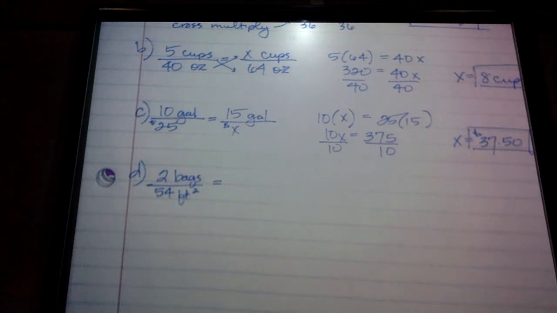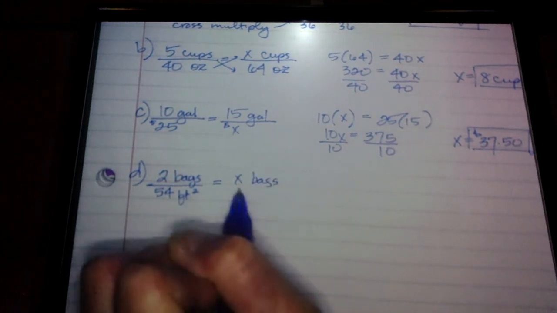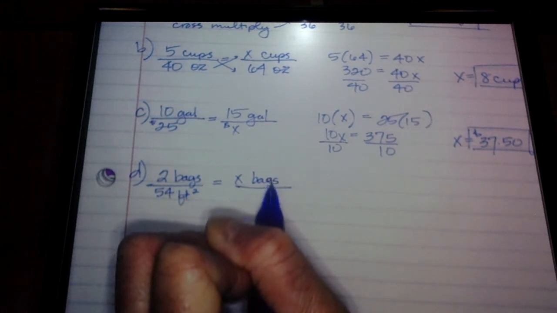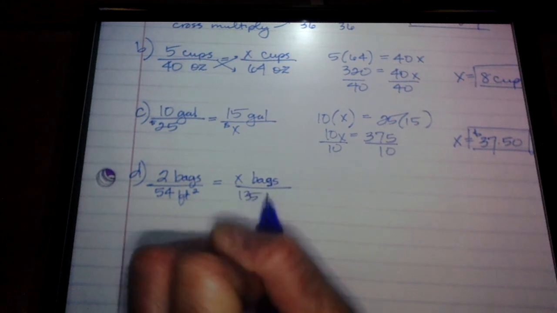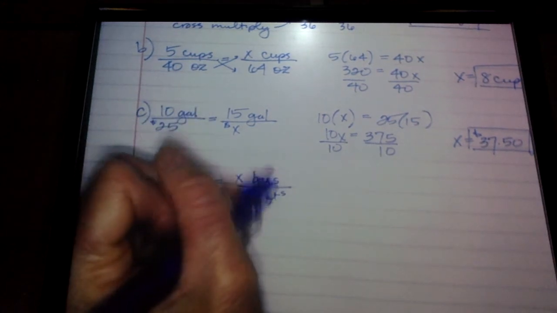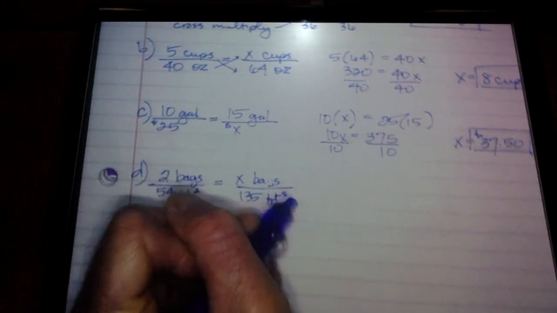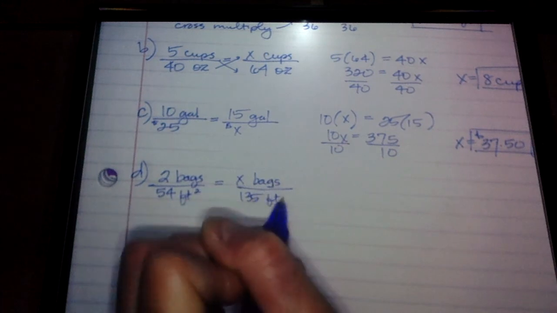And then it asks me how many bags, so x number of bags are needed to cover a garden that's 135 square feet. Whoops, got my letters and my S's all mashed up. I'm going to fix that for you. This should be G. This should be squared.